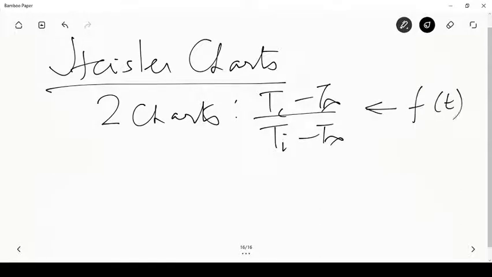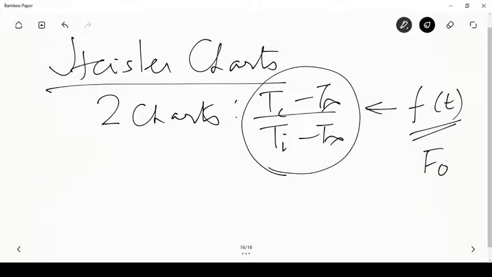The non-dimensional value of time would come in the form of the Fourier number, and the parameter for this, which signifies the properties of the material and the medium, is the Biot number. So as a function of Biot number and Fourier number, (Tc minus T infinity) by (Ti minus T infinity) will be obtained from one of the charts.